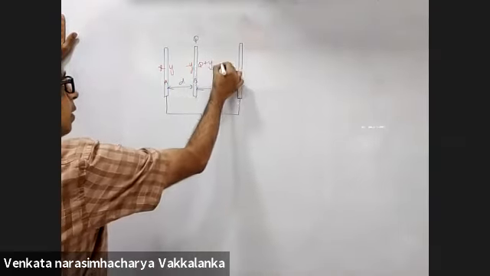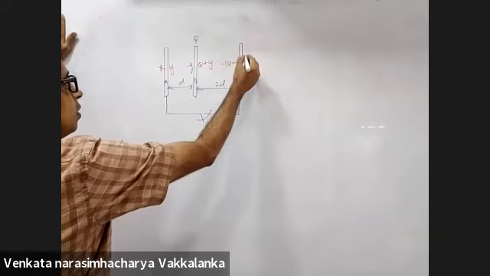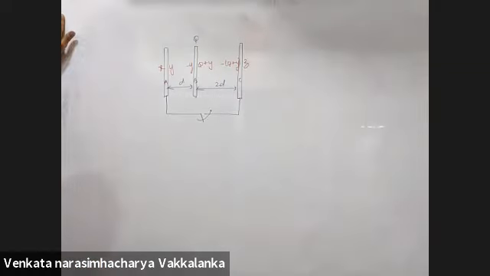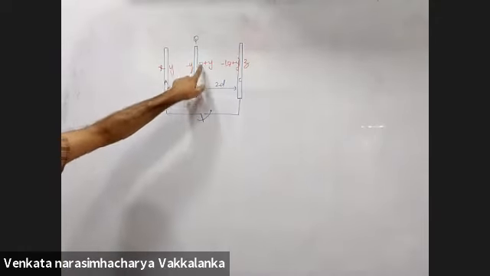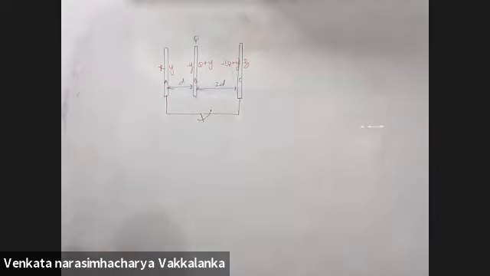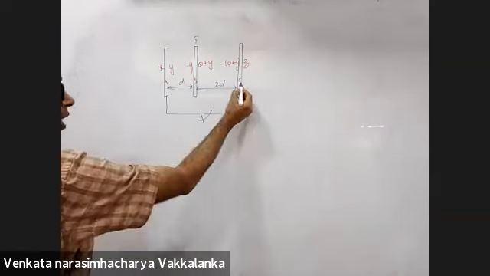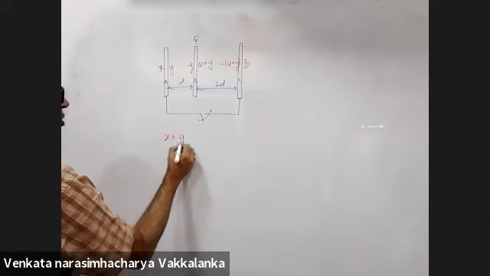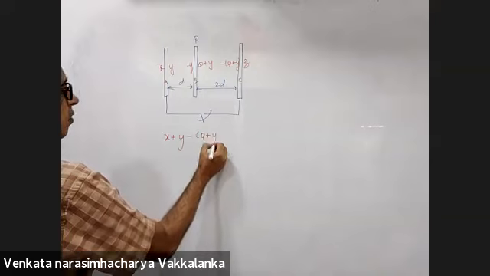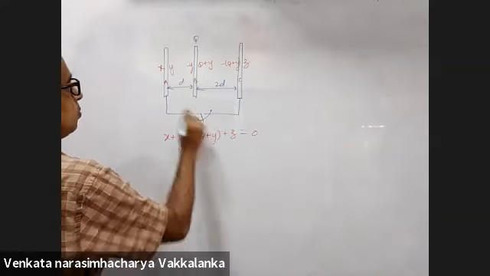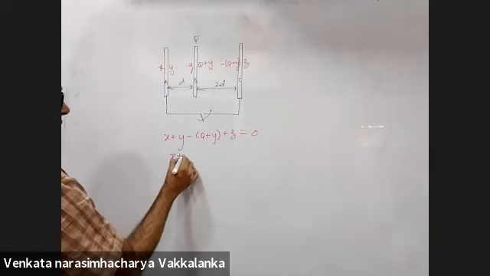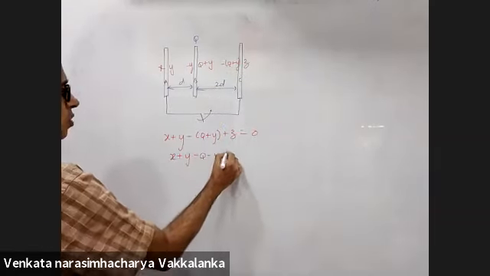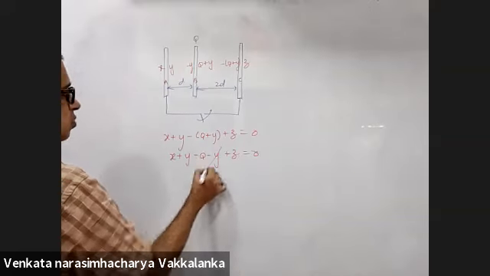So Q plus y, minus of Q plus y, and z. Right? Total charge on A and C put together should be conserved. X plus y minus of Q plus y plus z should be 0. X plus y minus Q minus y plus z is 0.